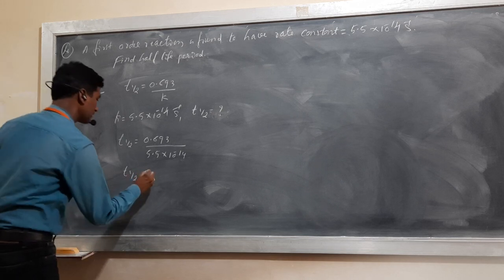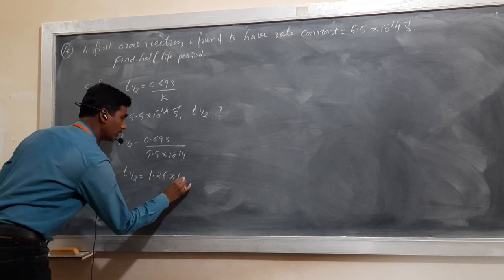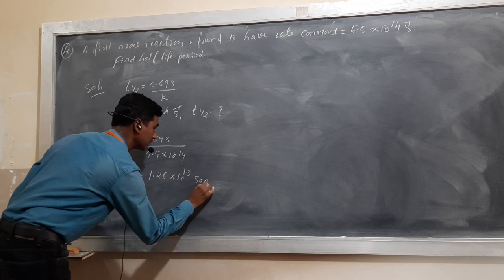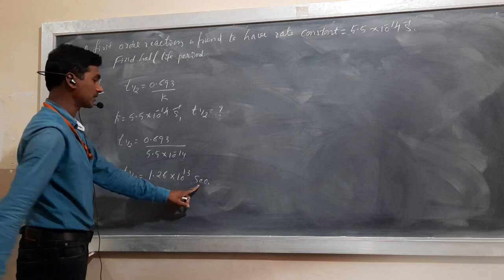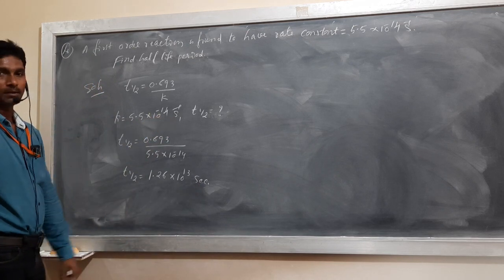So we can get 1.26 into 10 to the power of 13 seconds. So we can express the half-life in terms of seconds, and the rate constant in terms of per second.